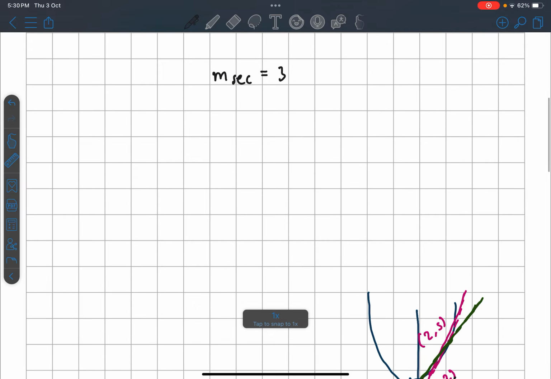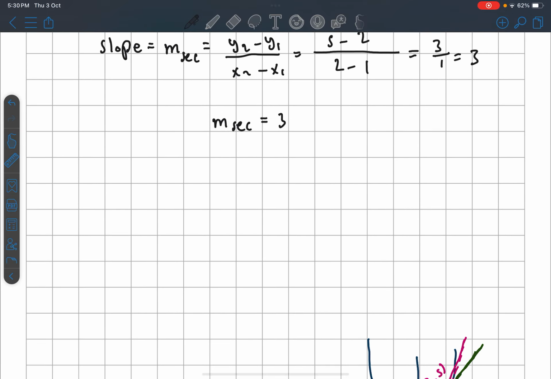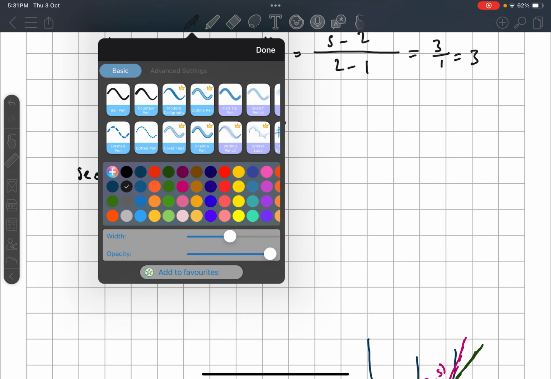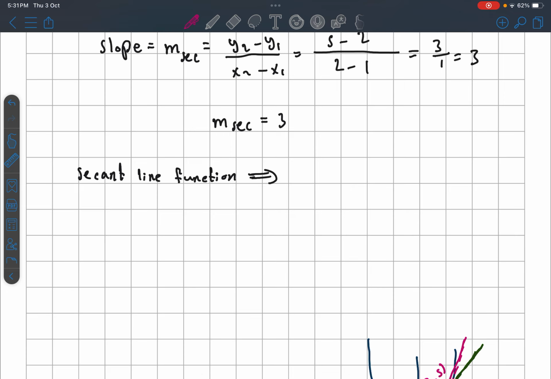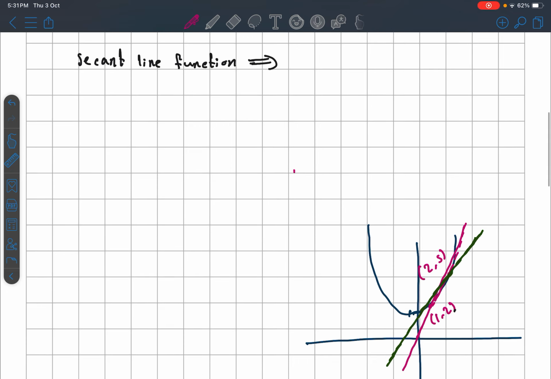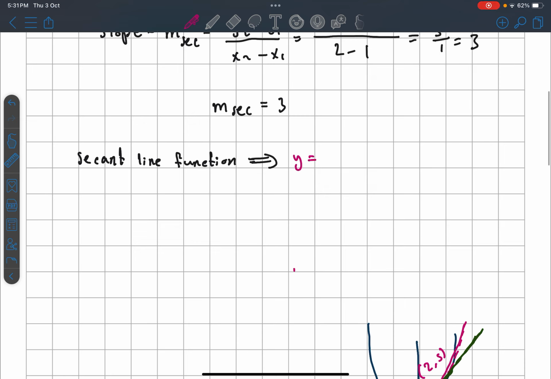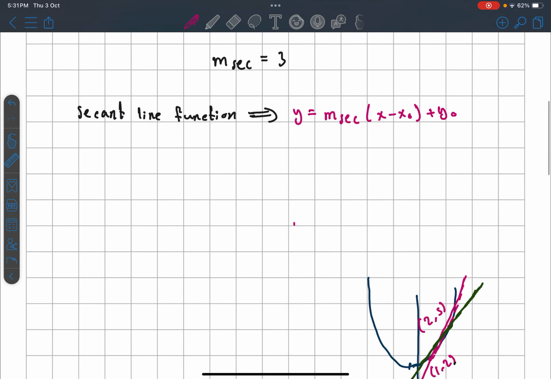Okay, now let's write the secant line function. It is y equal m secant times x minus x naught plus y naught.